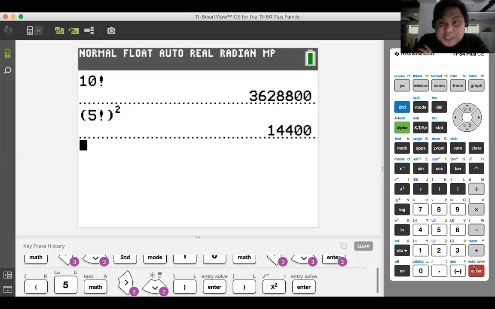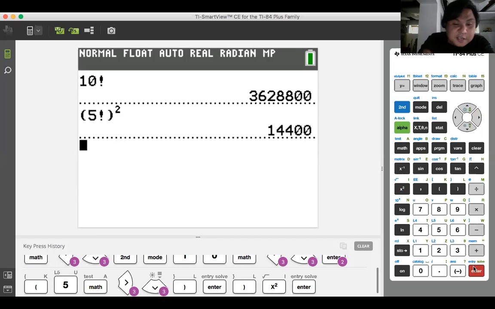There you go, 14,400. So this is how you do it if you are going to use a Texas Instruments calculator.